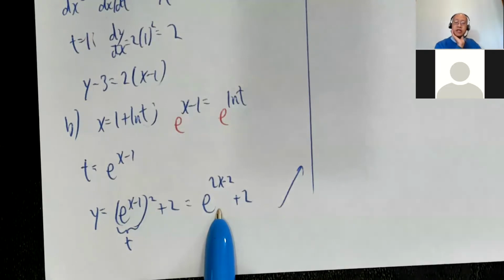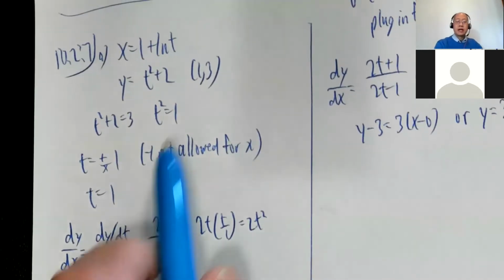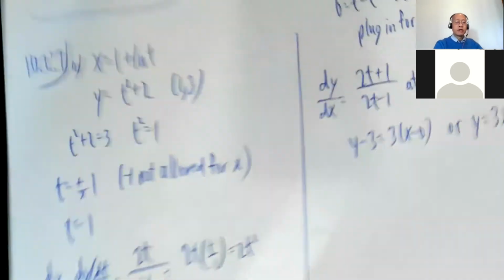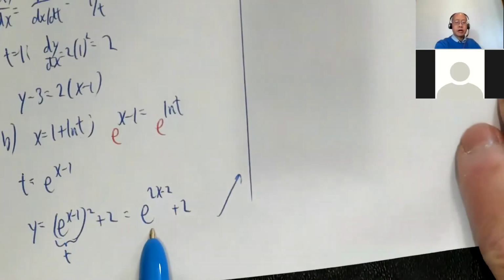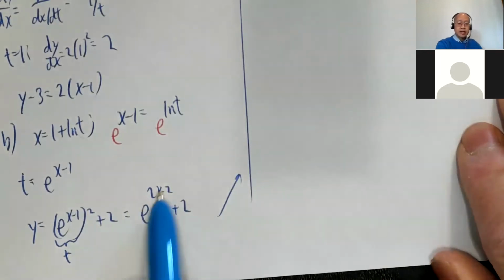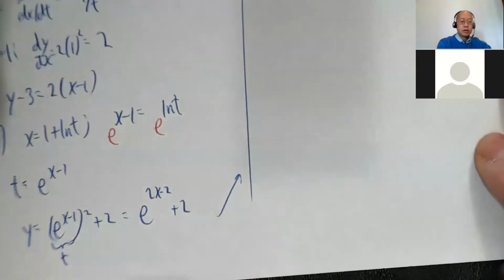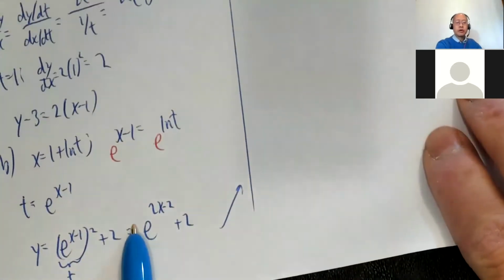This is a Cartesian equation, meaning there's no more t. Find the derivative and the equation of the tangent at (1, 3). Just like in Calc 1, I take y prime. The derivative is the same thing, except times 2 by the chain rule, and the derivative of 2 is 0. So y prime is 2 e to the 2x minus 2.